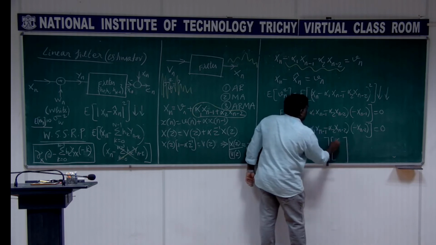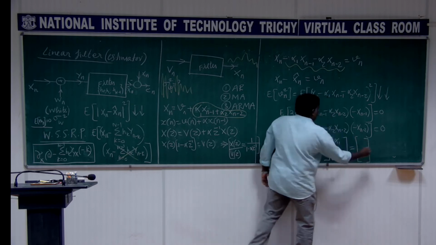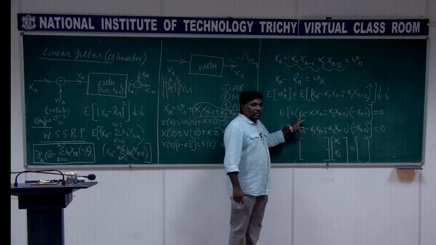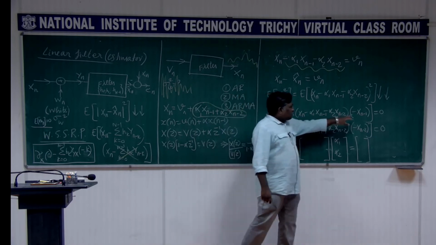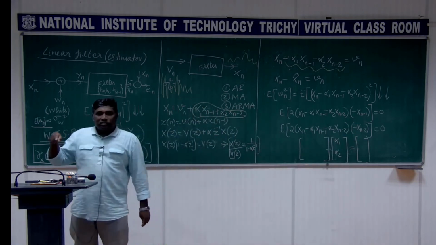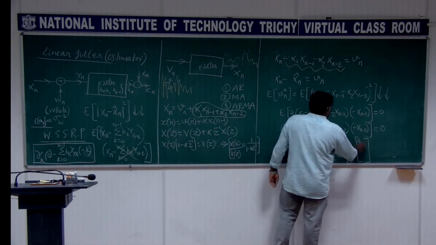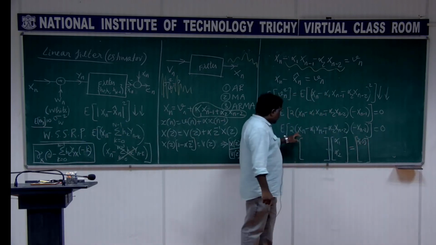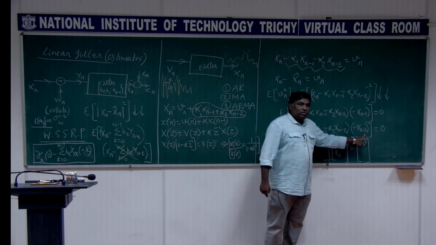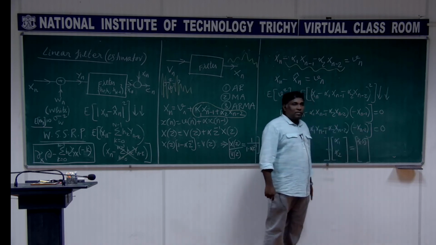So we need these filter coefficients alpha 1, alpha 2. On the right hand side, you get gamma x of n minus 1, which is gamma x of 1. And here, it is n minus 2, so gamma x of n minus 2, which is gamma x of 2.